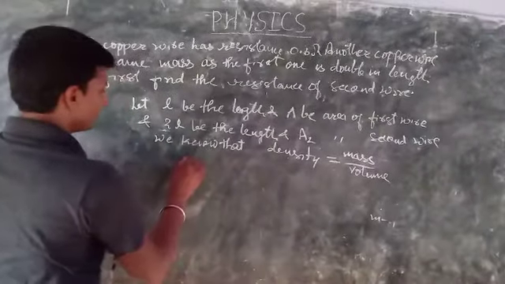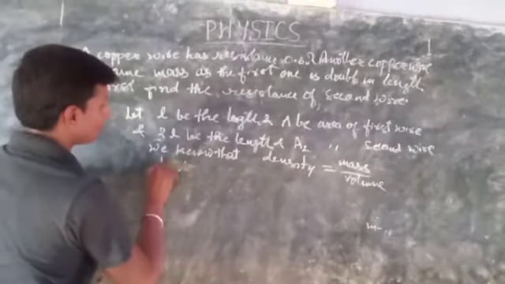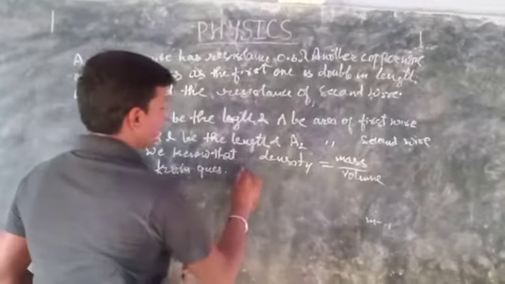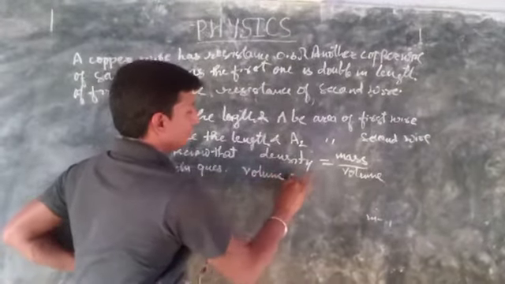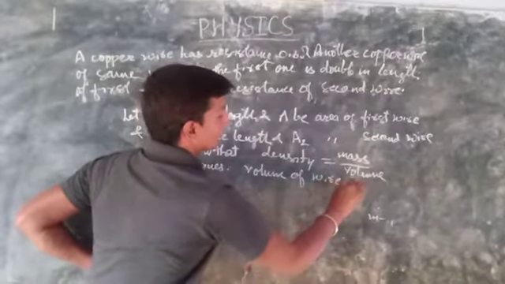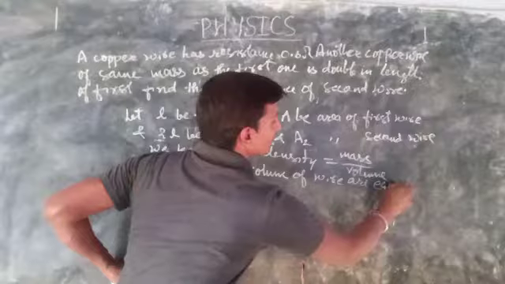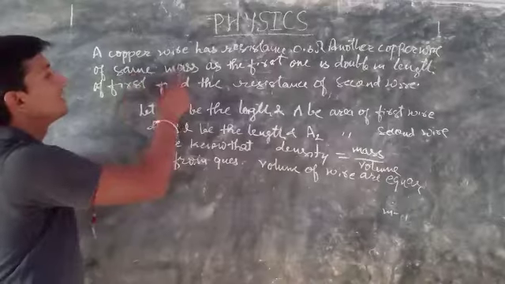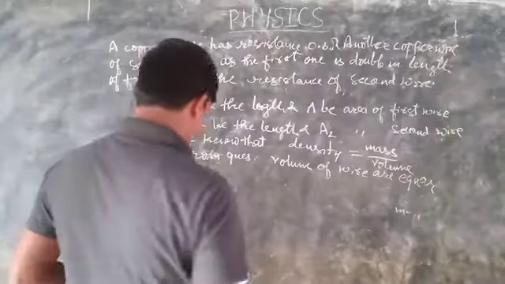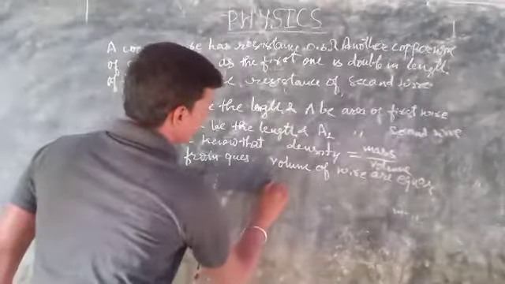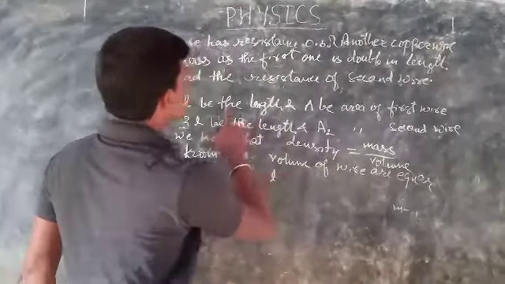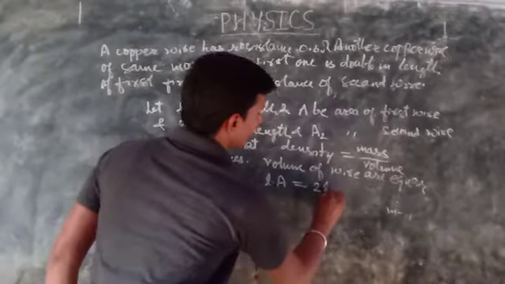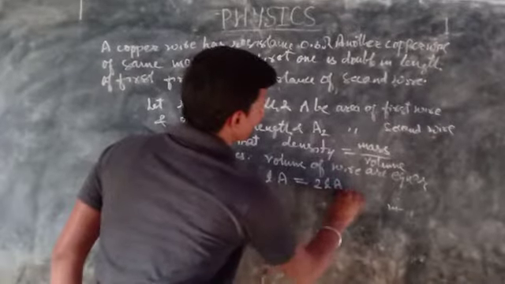So from the question, the volume of the wires are equal, because it is the same mass. So L into A is equal to 2L into A2.